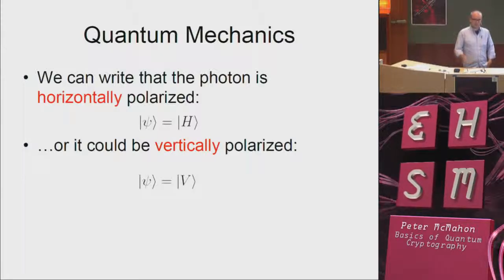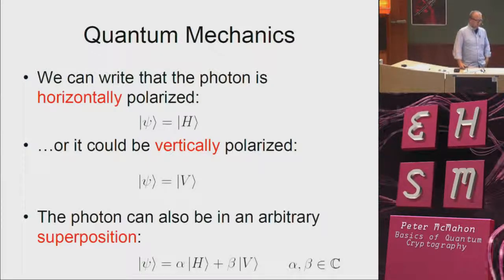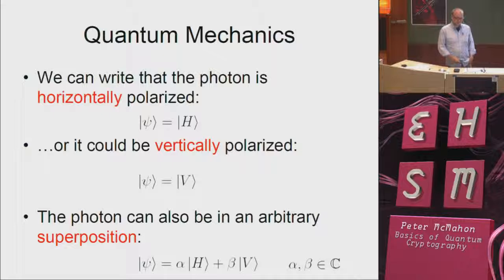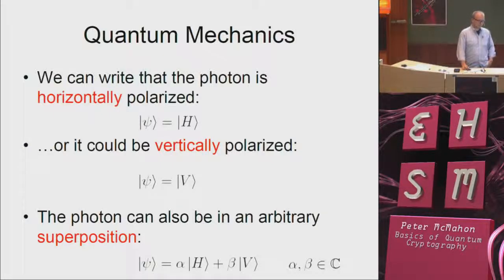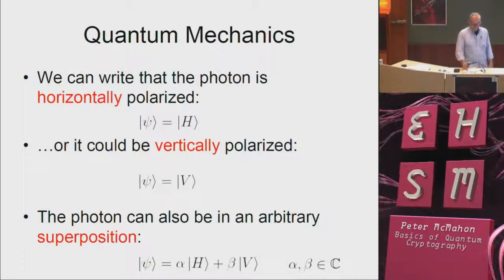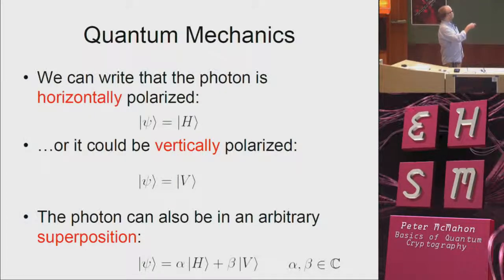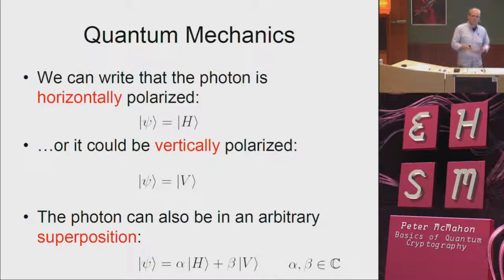And as I mentioned before, quantum mechanics allows us to say that actually the photon can be in some arbitrary superposition. So it doesn't have to just be horizontally polarized or just be vertically polarized. We can have an arbitrary superposition where we have some coefficient alpha and some coefficient beta, which describe basically how horizontally or how vertically polarized this is.